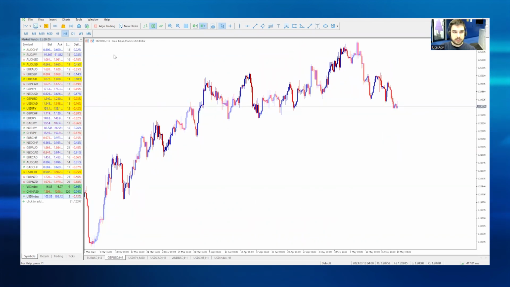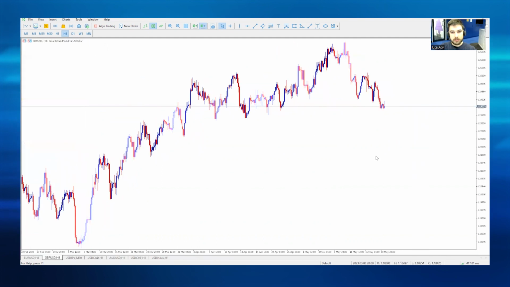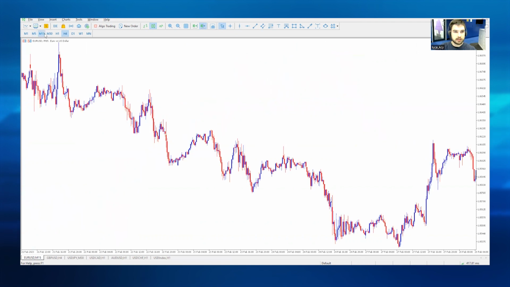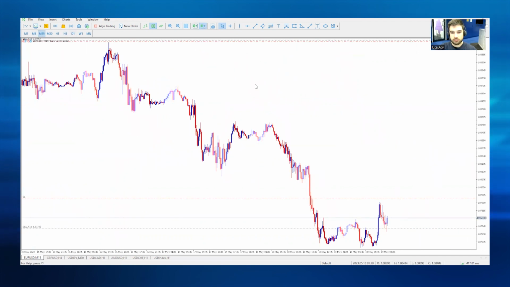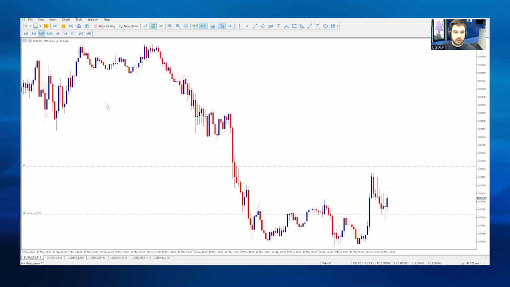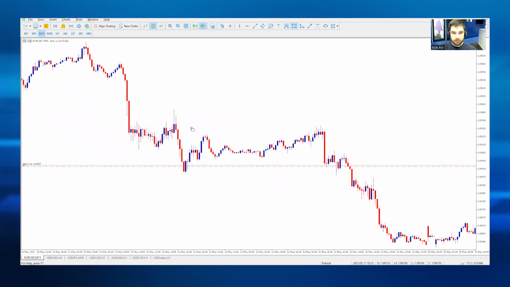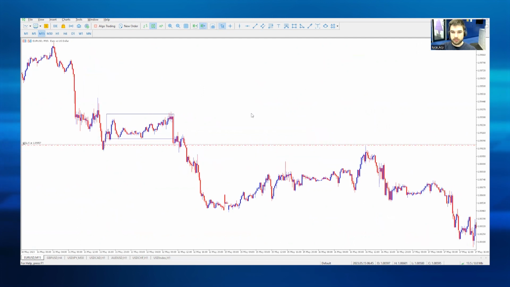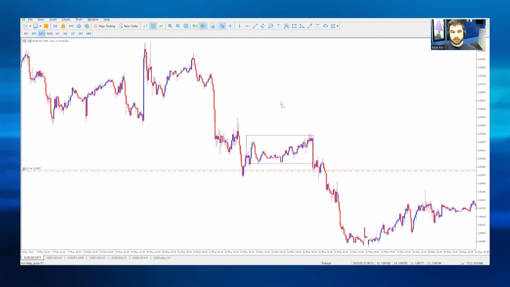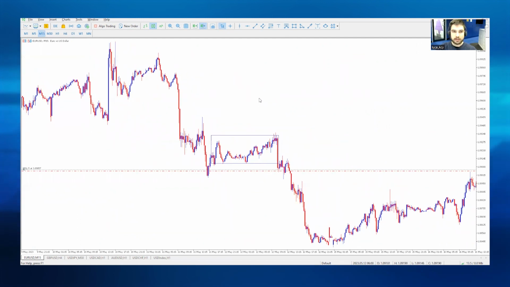Same here on GBP USD. So the way I enter into the market is I analyze the fundamental way, right? Because there are a few people that always ask me what sort of entry points I have. Well, if you see here on my entry, I always wait for those consolidations, right? A consolidation is basically the big boys, not the central banks, the big banks, placing orders into the market.